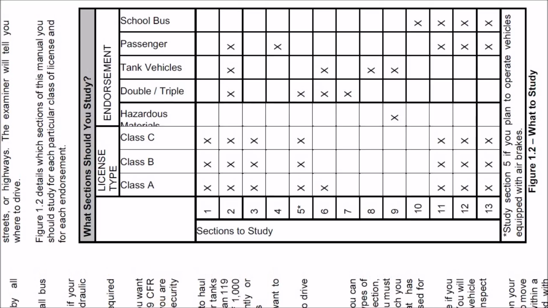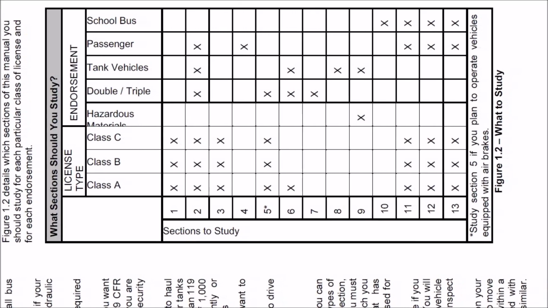What you want to do is take a look at this chart, and here are your sections 1, 2, 3, Section 5 air brakes, and sections 11, 12, and 13.